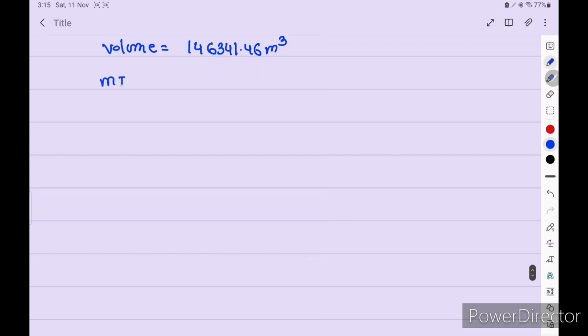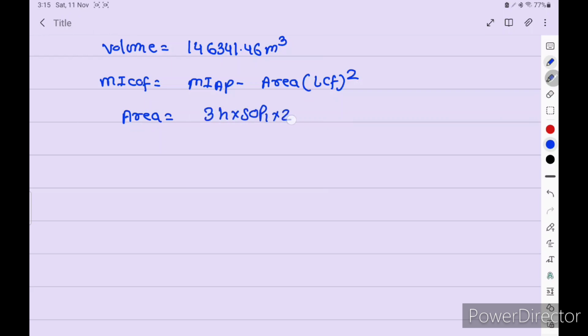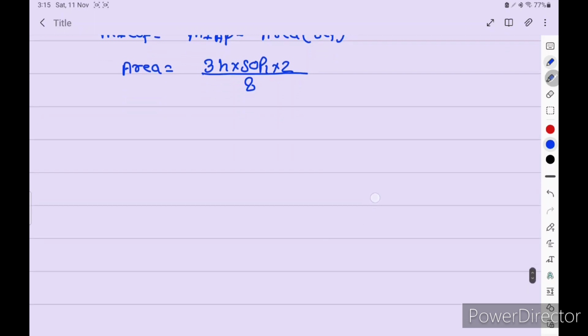And moment of inertia about the center of rotation is equal to moment of inertia about the perpendicular minus area into LCF square. What is area? We are going to use rule number 2, so 3 into h into SOP1 into 2 divided by 8. 3h by 8 into SOP, and since it is half ordinates we need full, so we multiply by 2.